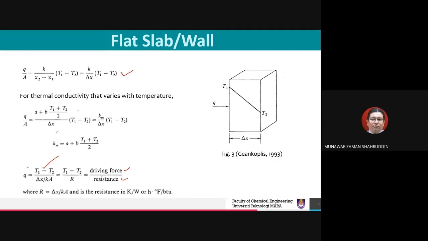Because we are not talking about just this flat slab, or flat wall, or plain wall. Later on we will have more complex calculations, whereby you have more than one R. This one is a single R only, because there is one wall, one thickness only. Maybe there will be 3, 4, 5 layers later.